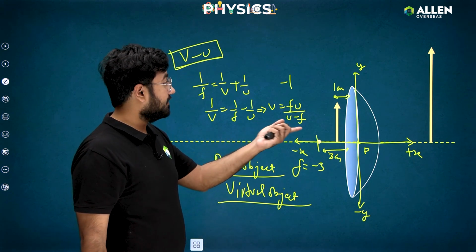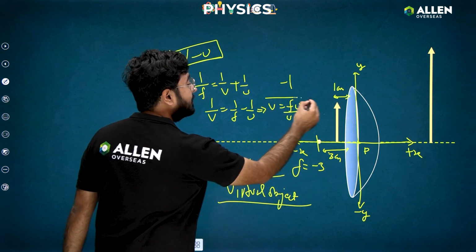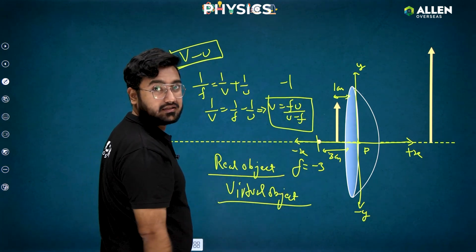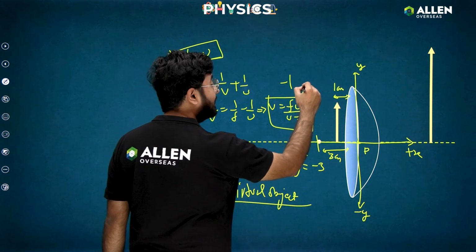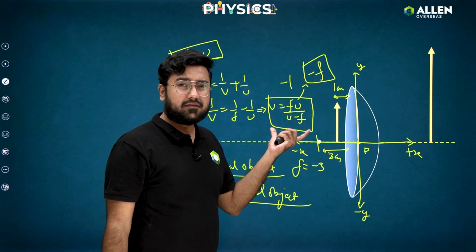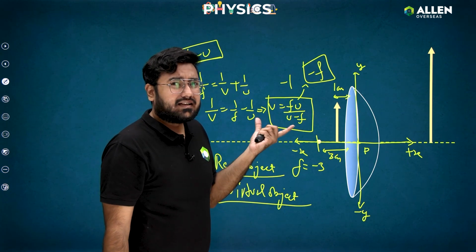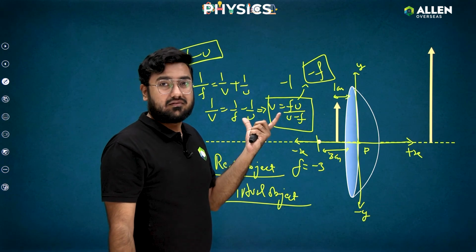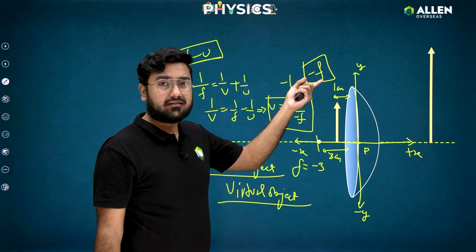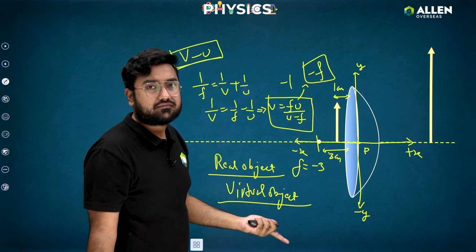However, this is a concave mirror, and for a concave mirror, the value of f must be taken as minus f. I cannot plot a graph using this as is. In order to completely realize what is happening, we have to take it as minus f, so that this graph will be of a concave mirror.